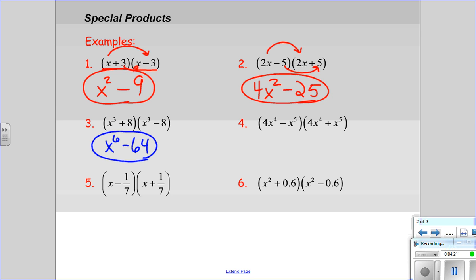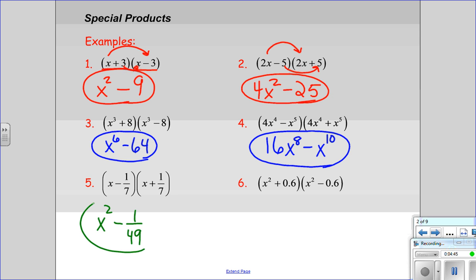Once we learn this rule, we're able to multiply this special case of binomial multiplication quickly together. 16x to the 8th minus x to the 10th. x squared minus 1 over 49, when we remember our rules for multiplying fractions.